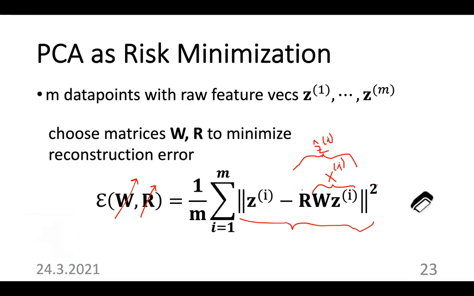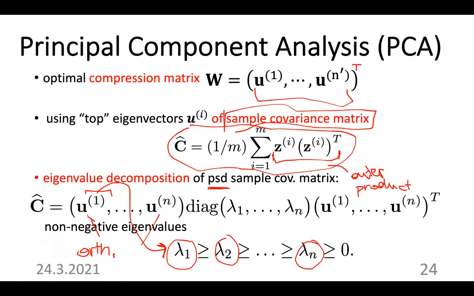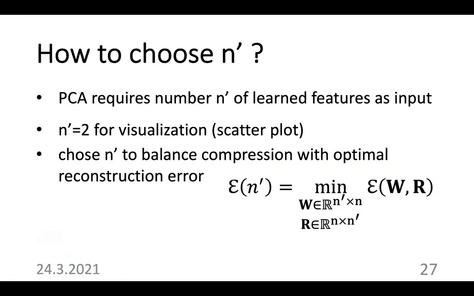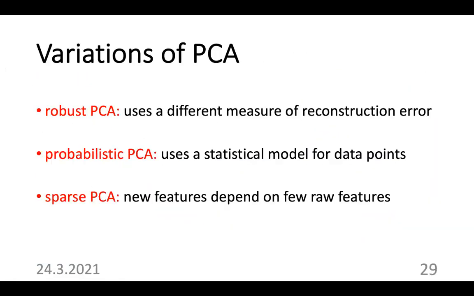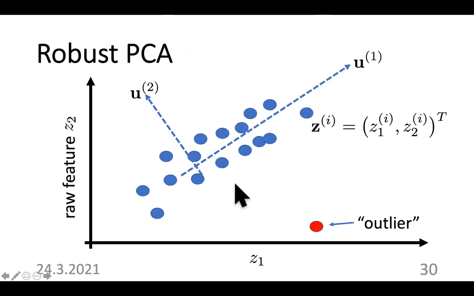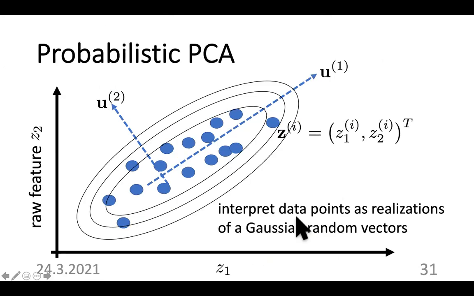Yes, you could also use square root, but I'm not sure if there's a method using this. I'm not sure what the challenges would be, but it could be possible. The norm is a design choice, or the error measure in general. It doesn't need to be a norm after all. Okay. So then we have robust PCA, which is more robust to outliers. So having a few outliers in your data points doesn't screw up the whole feature learning method.